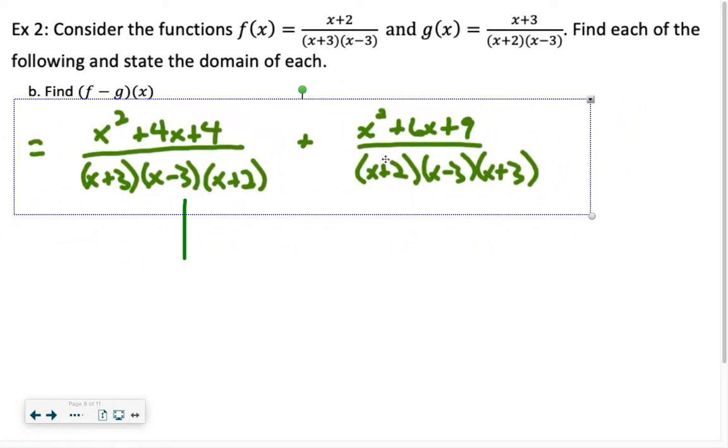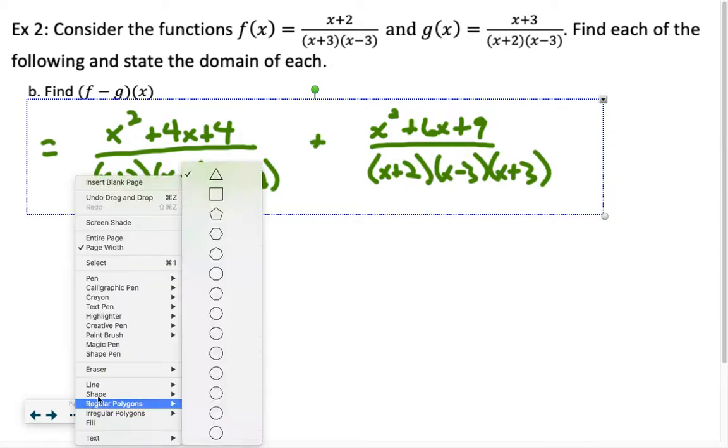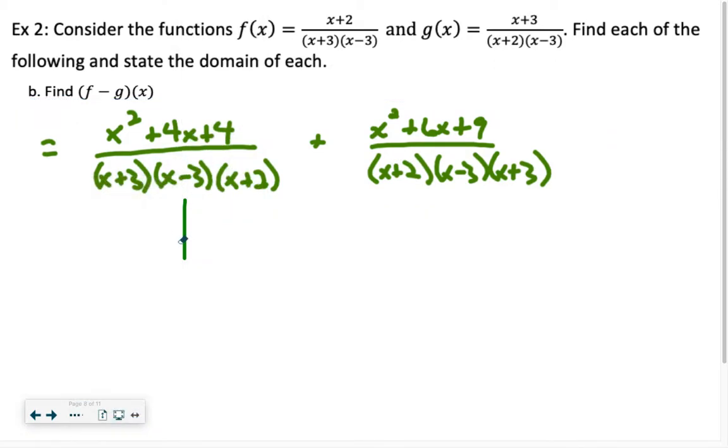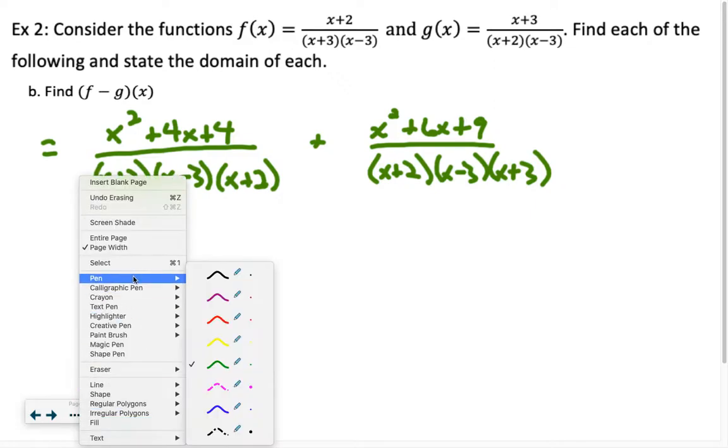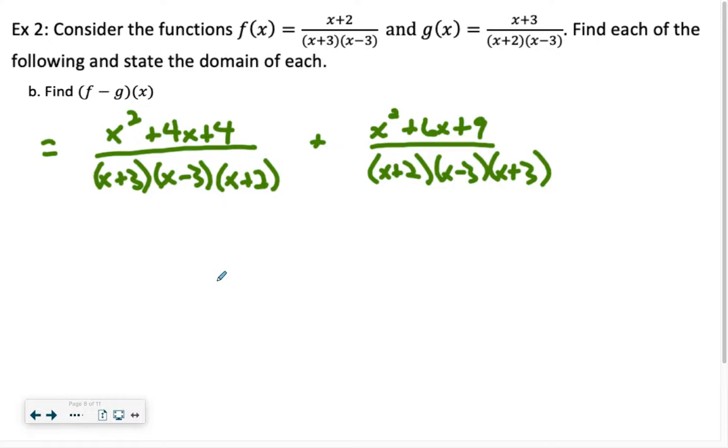But instead of adding, I'm just going to be subtracting. So make this a big old subtraction sign.